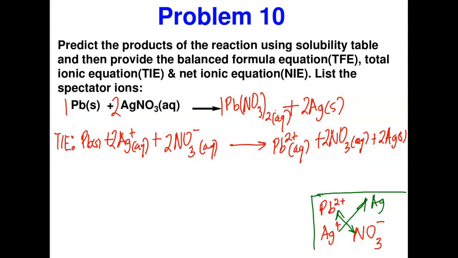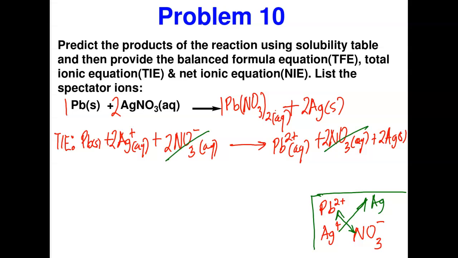Now, if we're going to remove our spectator ion, something that appears on the same side that looks the same thing. Here, lead is solid, here is ion, it is not the same. We're going to take it away. Silver is ion, here aqueous, here is solid, we can't take it away. Nitrate is aqueous here, and ionic and aqueous here, so we're going to take it away.